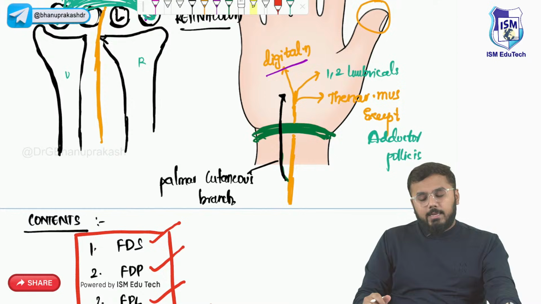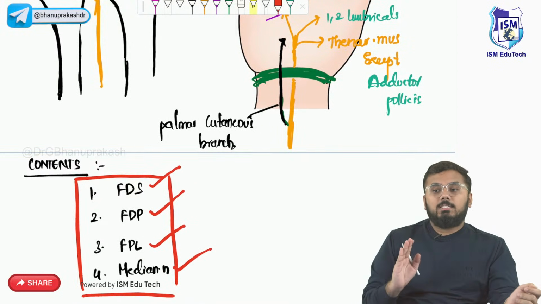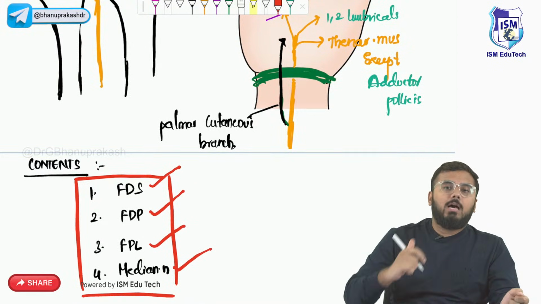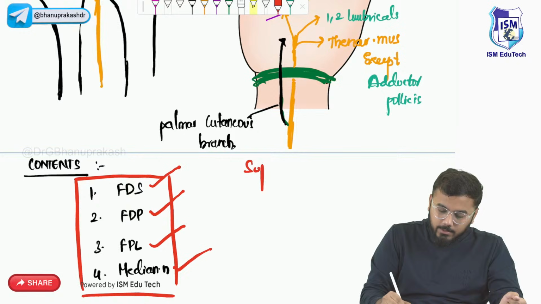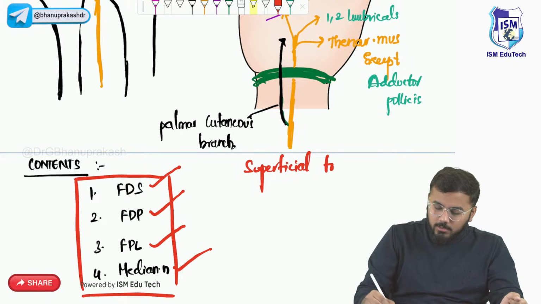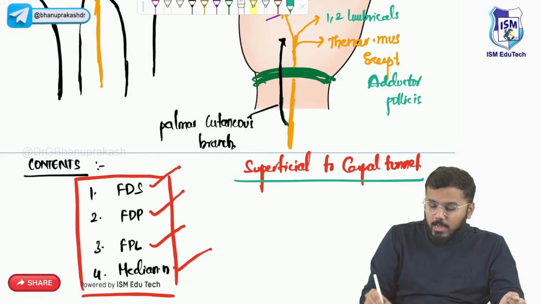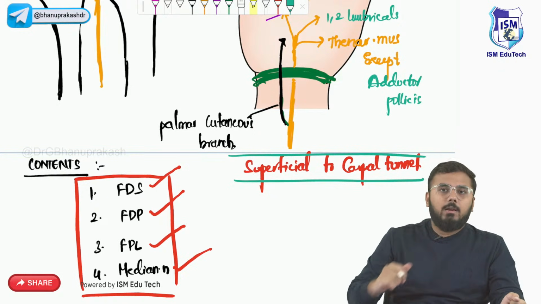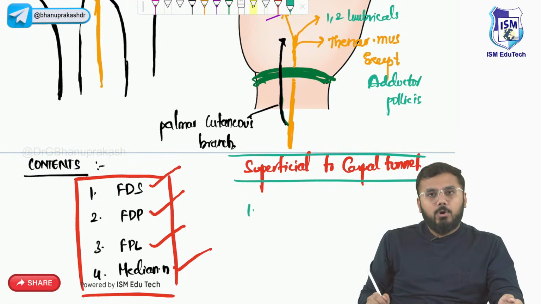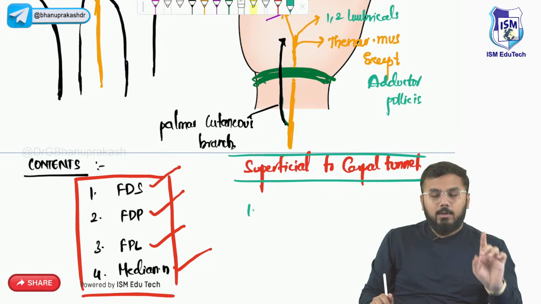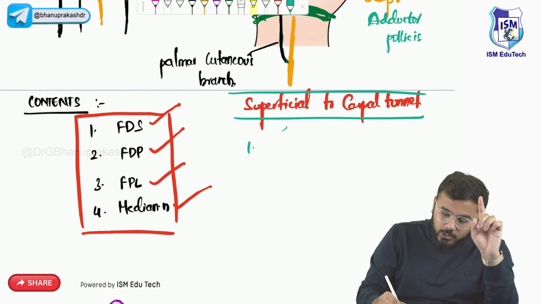The second important question they are going to ask you is, what are the structures that are passing superficial to the carpal tunnel? Tell me, what are the structures passing above the carpal tunnel, guys? Look here very clearly.